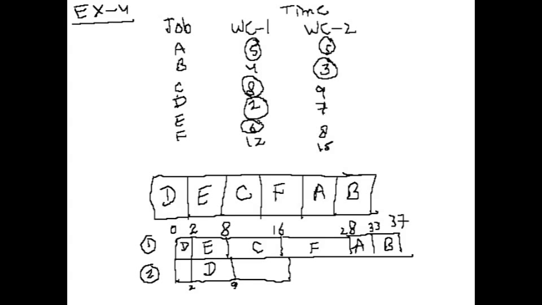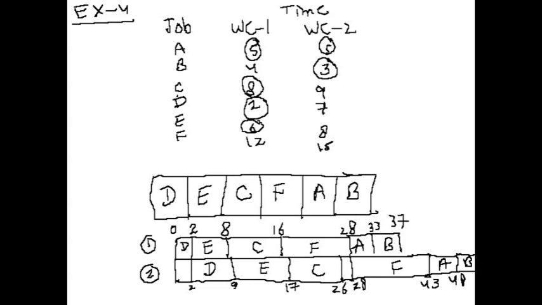Then you have 17 for E, and then you have 26 for C, and then there's the idle time here at 28, and then you have F, which gets done at 43, and then A and B. So 48 and 51.